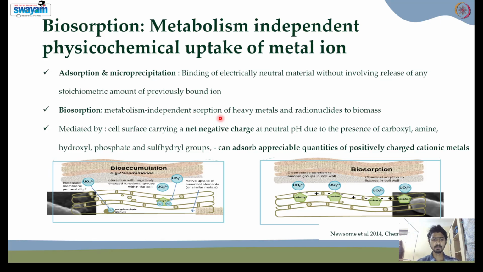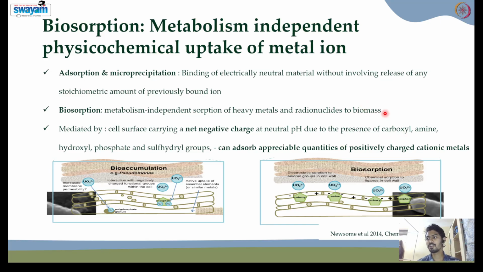What happens here? Normally we know the cell surface will be carrying net negative charges on its surface. So positively charged cationic metals will be easily absorbed onto the surface due to the electrostatic interaction. And why is there a negative charge at the surface?